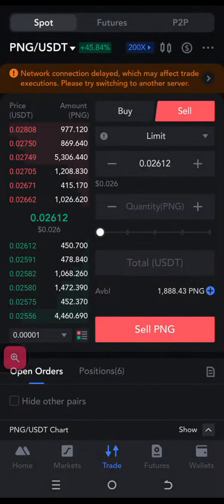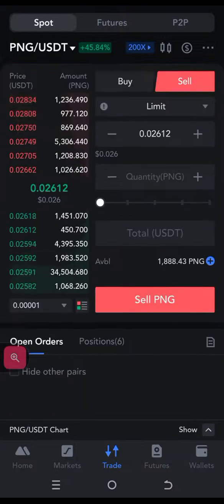Let's wait and see if this is going to go. I'm not sure. I'm trying to see what its next move is. Is it going to go down? Is it going to go up? If it's going to go up, then I will go with a higher one.